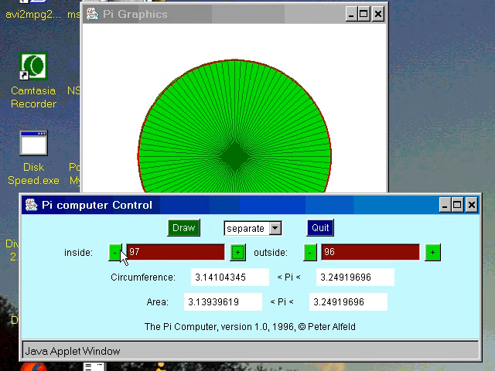I guess it didn't update when I drew, so I'll have to tweak this just a little bit. Okay, so you have an estimate that pi is between 3.14103 and 3.14271. So this was Archimedes' best approximation to the area of a unit circle, which was pi, by means of inscribed polygons.